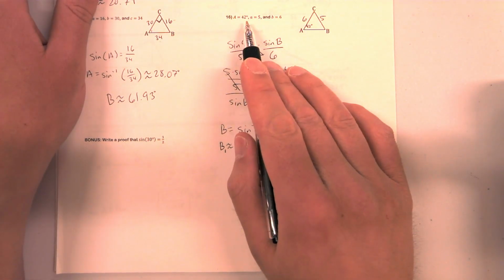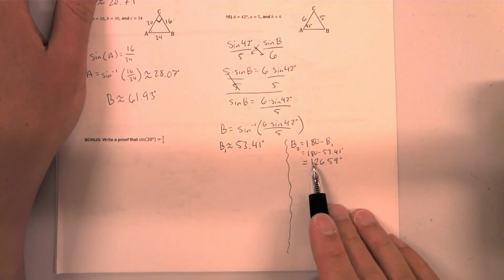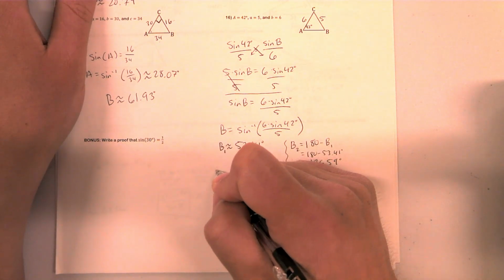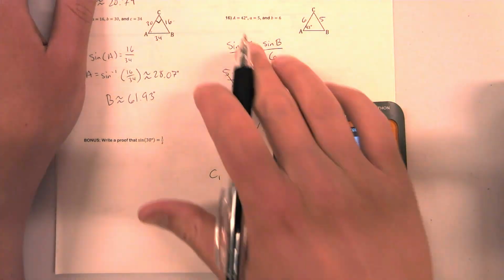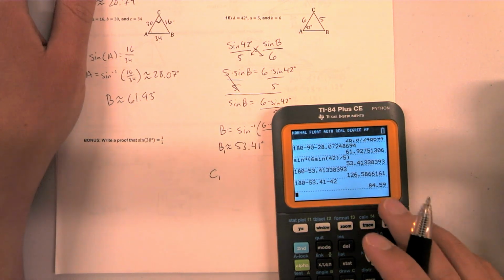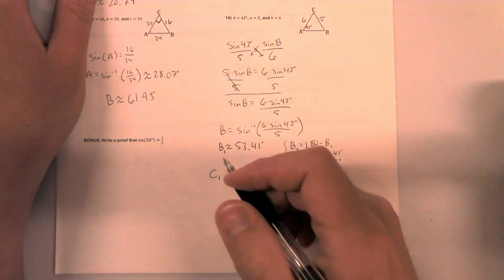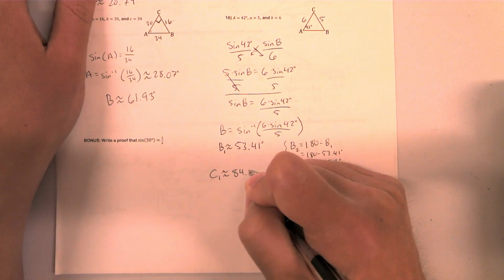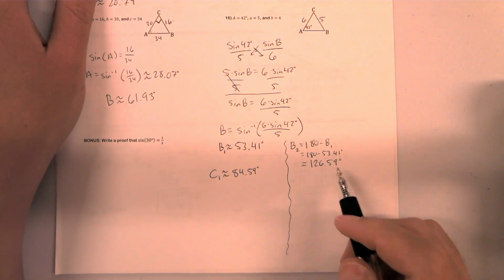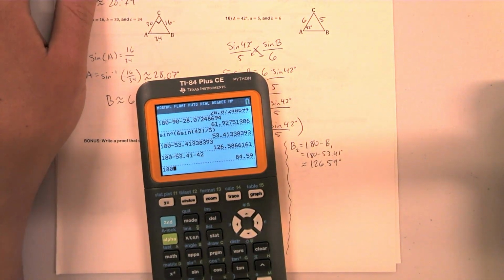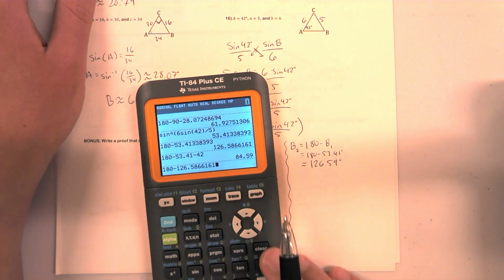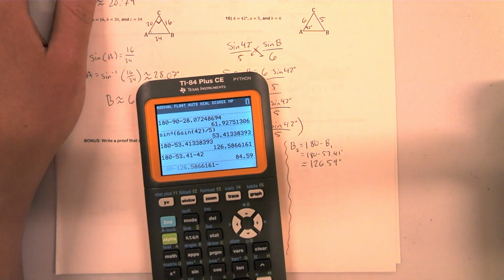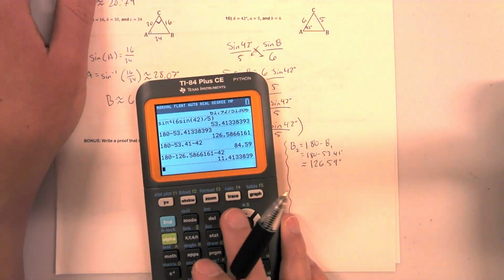We already know angle A is 42, and we have a possibility for angle B. So we just do the triangle sum theorem. 180 minus angle B minus angle A leaves us 84.59 for angle C. Or in this possible universe, we have 180 minus angle B, that 126.59, minus the 42 for angle A, leaves us with about 11.41.